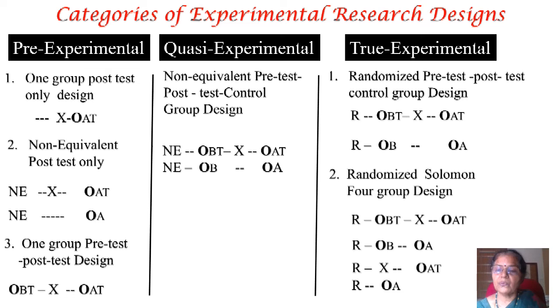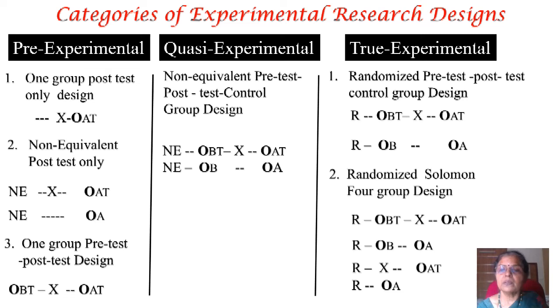Only if you make sure that no extraneous variable is affecting the experiment can you be sure that this treatment alone causes the improvement in the post-test score, namely the vocabulary. So you can be more confident if you are eliminating all the other extraneous variables.